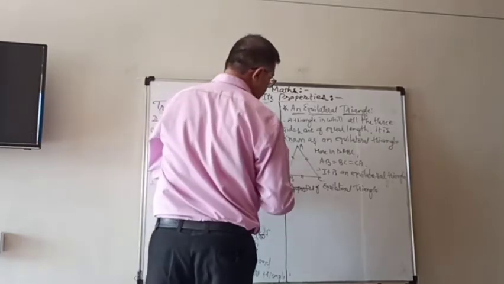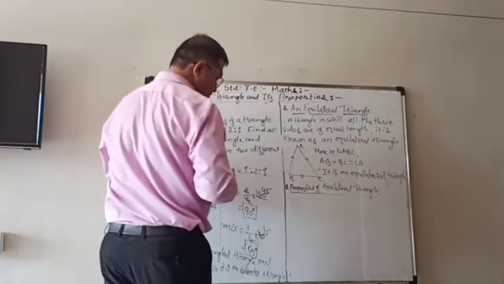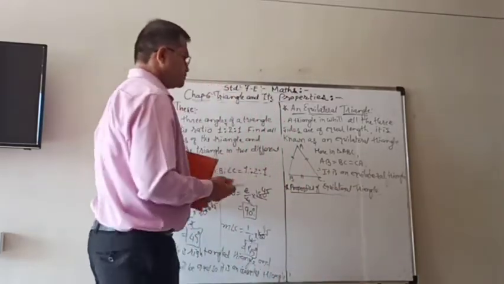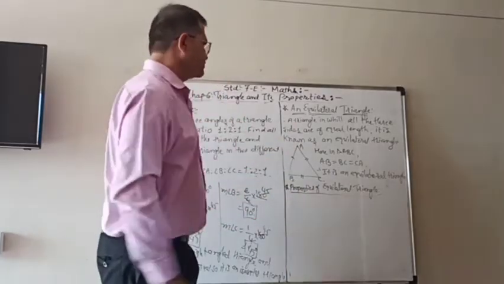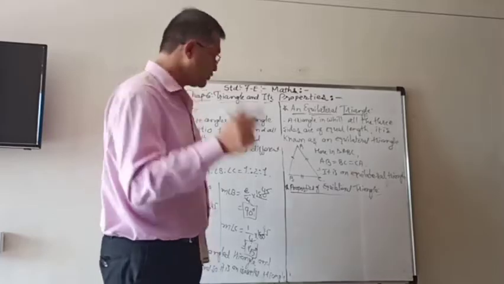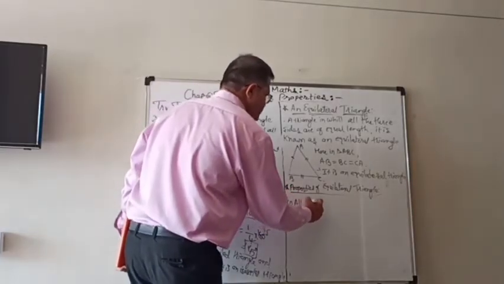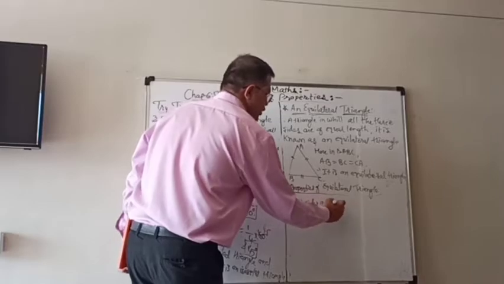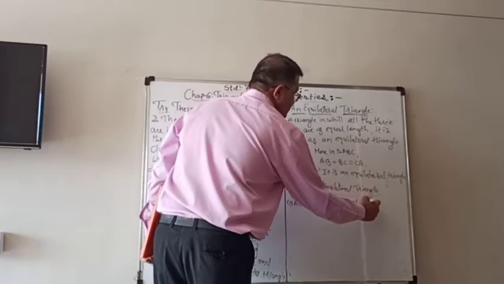If you observe an equilateral triangle, what is the first property? All sides are of equal length.